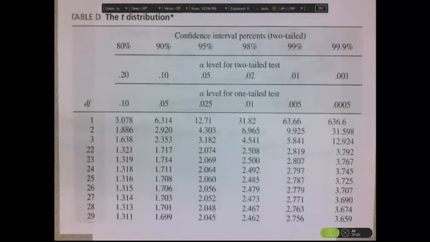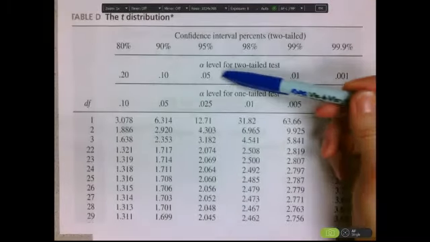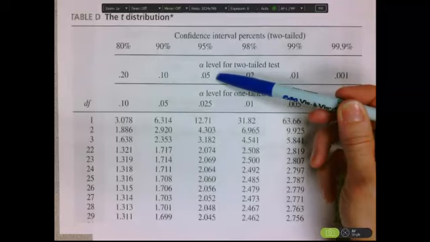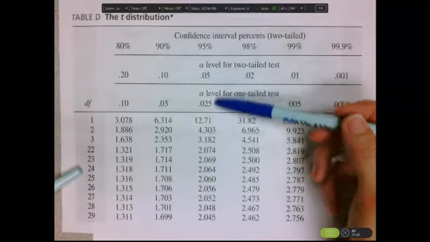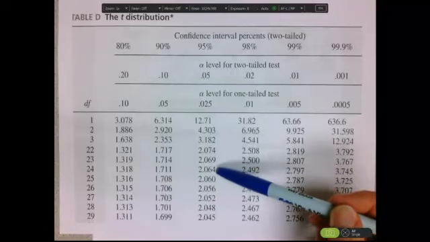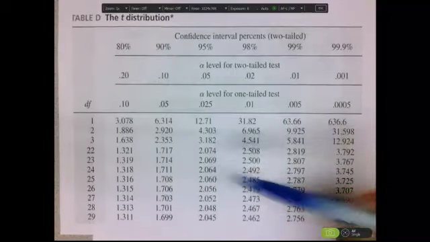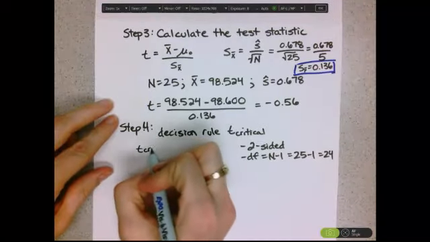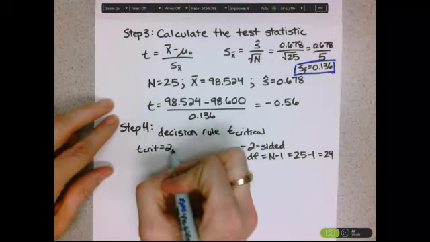So our alternative is that it could be either less than that or greater than that. So we're looking under alpha of 0.05. Our degrees of freedom is 24 over here. So we look down, and our critical value is 2.064.